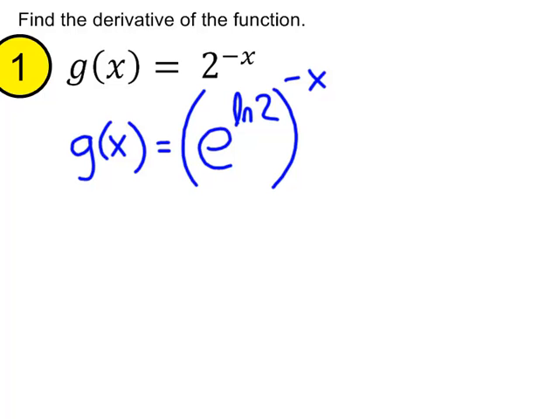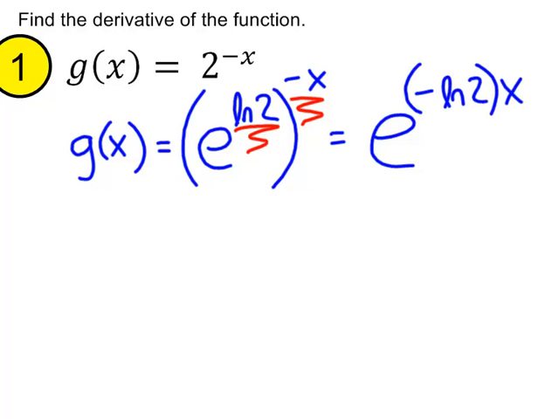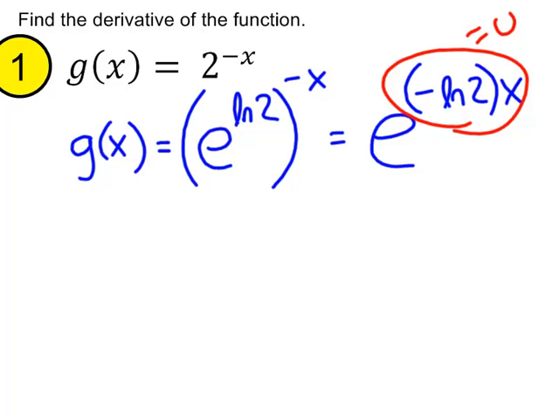And then the form that's going to be more useful to us is to multiply these two exponents and get e to the, let's say, negative ln 2 times x. ln 2 times negative x gives us this exponent. And now we've got our e to the u power format, where this is going to be our u.